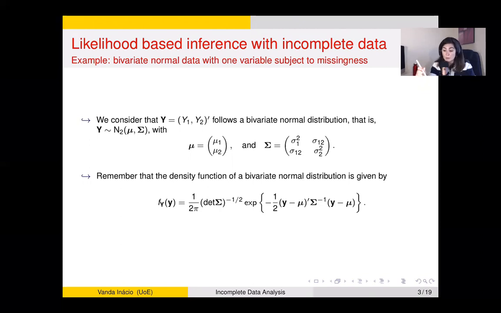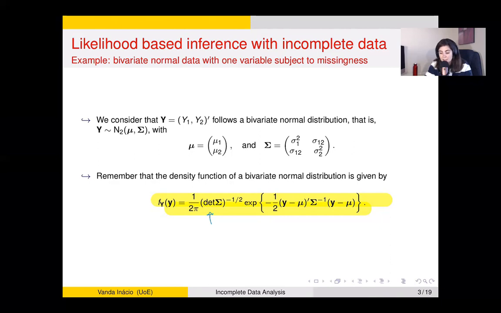Because we will need it later, here is the density for the bivariate normal distribution, and this quantity here is the determinant of the variance covariance matrix. This is the density function for the general multivariate normal distribution. In this case, we have the particular case of a bivariate normal distribution. Nonetheless, we can still write it in this way.